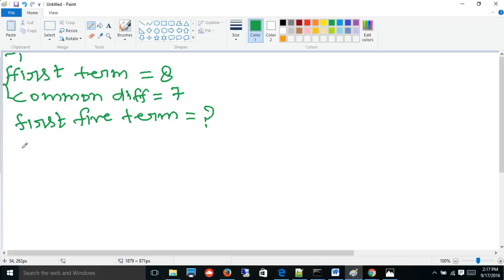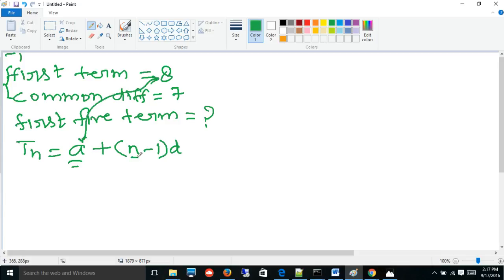If you remember, I already explained how to calculate the nth term of an AP series. The formula is Tn equal to A plus n minus 1 into D. What is A? A is the first term, which is given as 8.